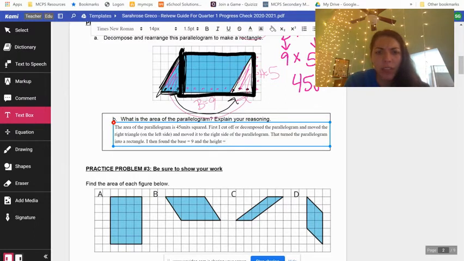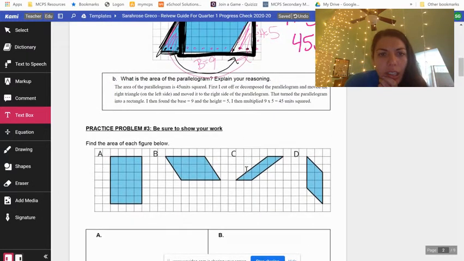The height was 5. I then multiplied base times height. 9 times 5 equals 45 units squared. That's what I did.